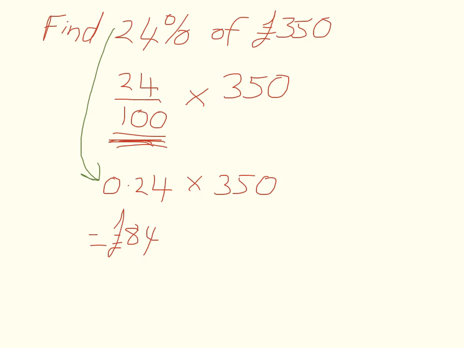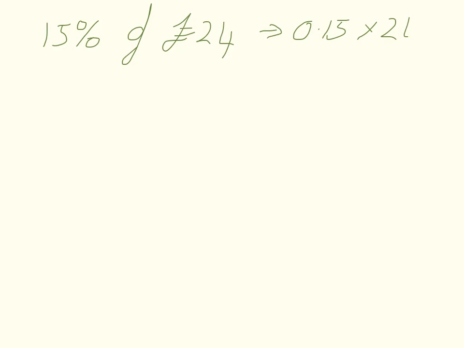And what I want you to do here is I want you to spot the pattern between 24 and 0.24. So if we have other examples, let's suppose I want 15% of £24. What would you multiply 24 by? Well, what we do is we multiply 24 by 0.15. Now let's suppose I want to find 75% of £24.